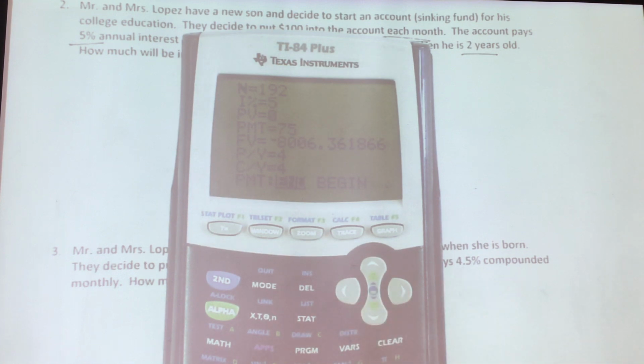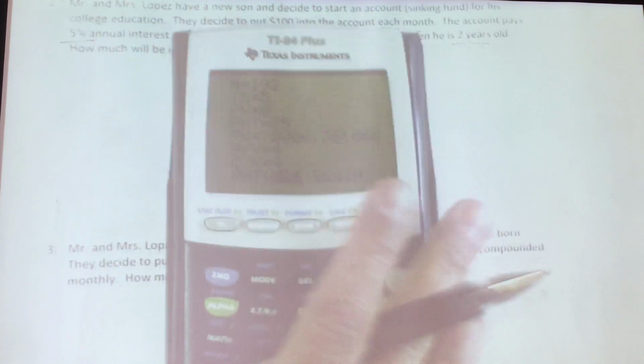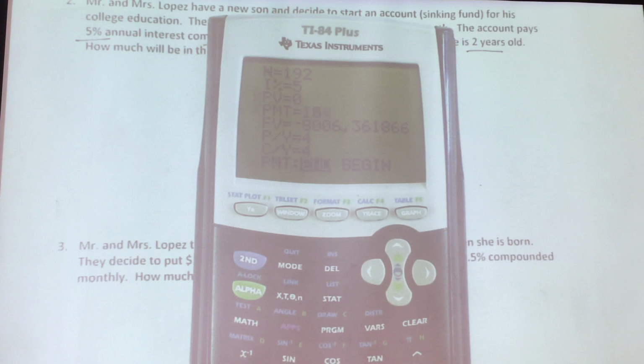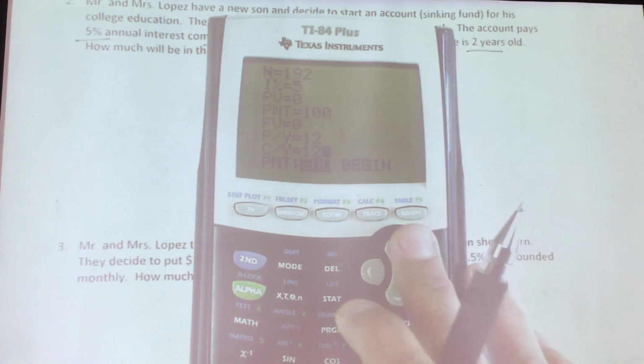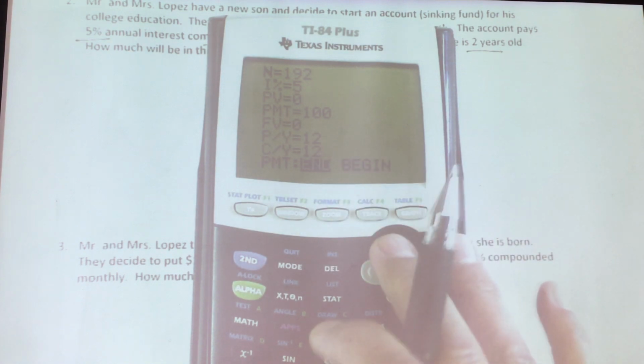Present value, there is none. Payment, they're depositing $100 each month. Future value is your unknown. P/Y is 12, which is 12 payments per year, and compounding periods per year is also 12. So P/Y and C/Y are both 12.